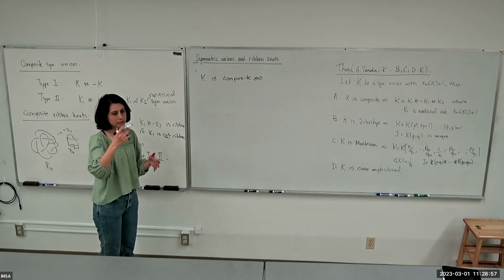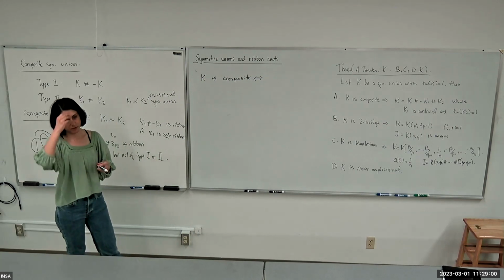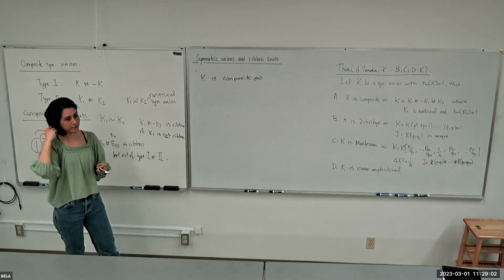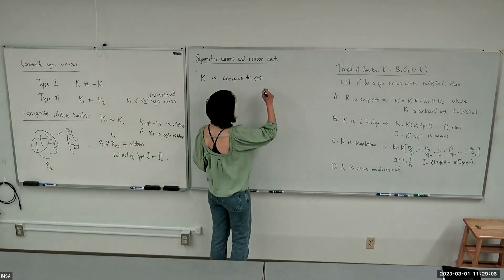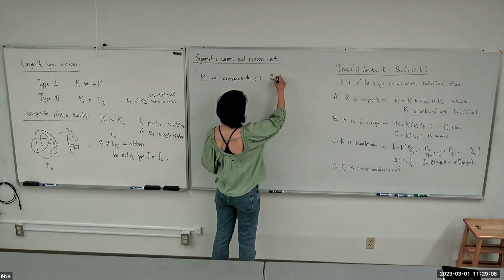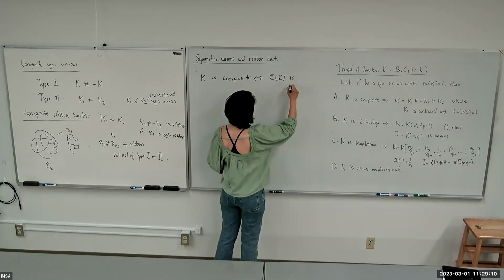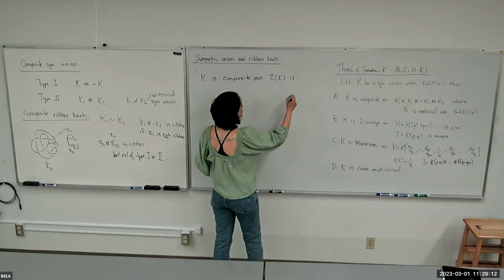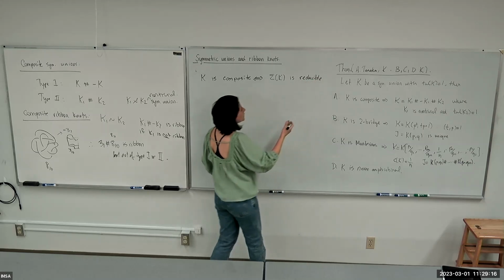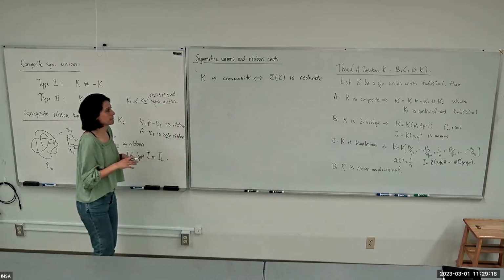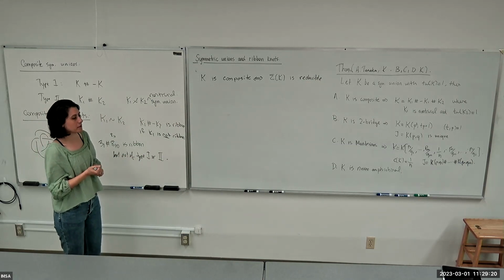You can lift this decomposing sphere to the double branch cover, and you will see an essential sphere in the double branch cover. This is a famous theorem of Waldhausen: if K is composite, then the double branch cover is reducible, which follows as a corollary of the double branch cover detects the unknot result.